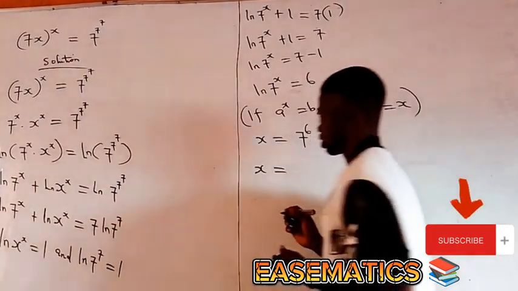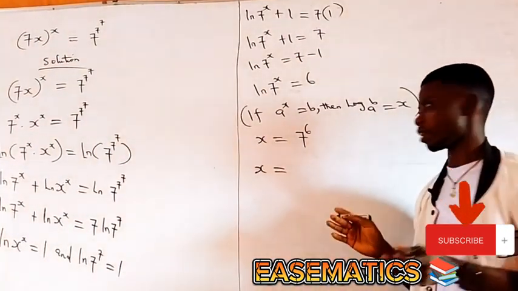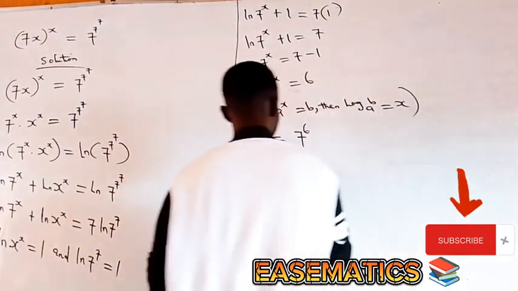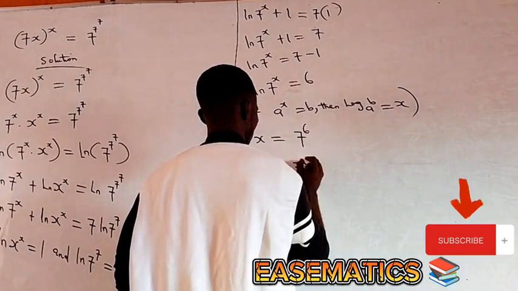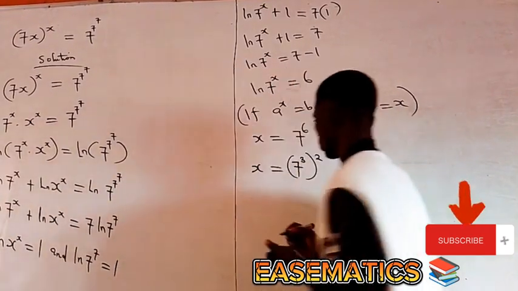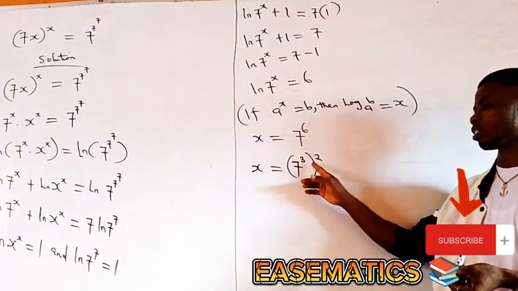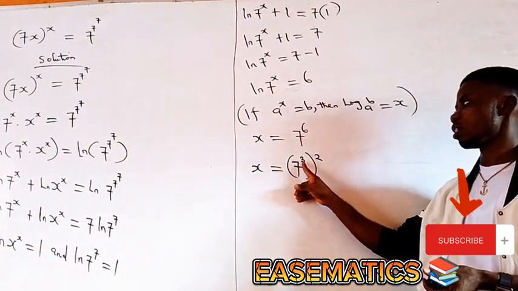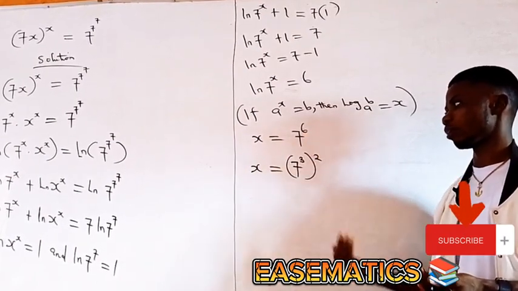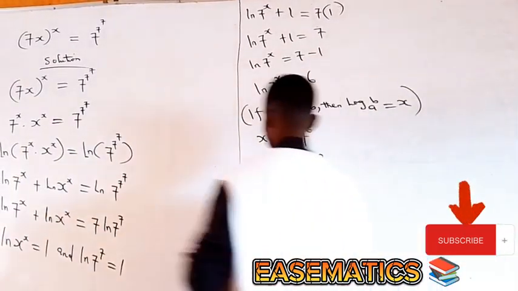Okay, since I don't have my calculator close by, I can break this down by writing 7 to the power of 3, all to the power of 2, since according to the power law of indices, this is 3 multiplied by 2, which gives back 6. So I can write it this way.